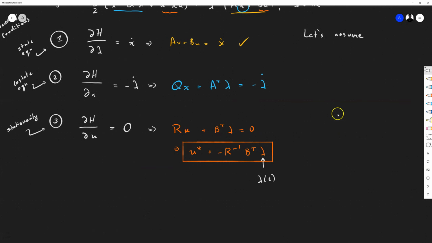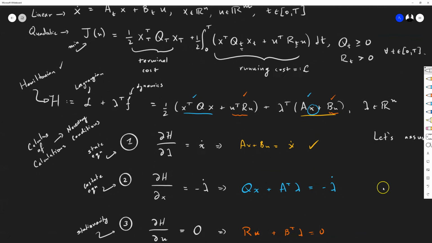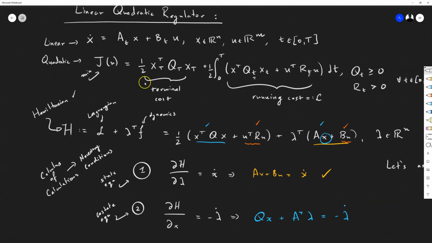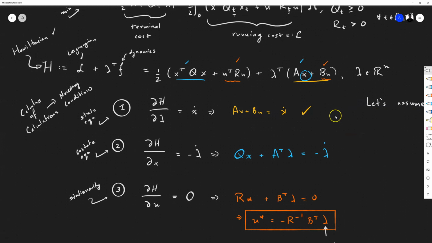oh, and before I get into that, there's one more thing that I forgot to consider. And this is called the transversality conditions. And transversality comes from the fact that we have a terminal cost. So if we just had this running cost and that's it, we would just have these three conditions and that's it.